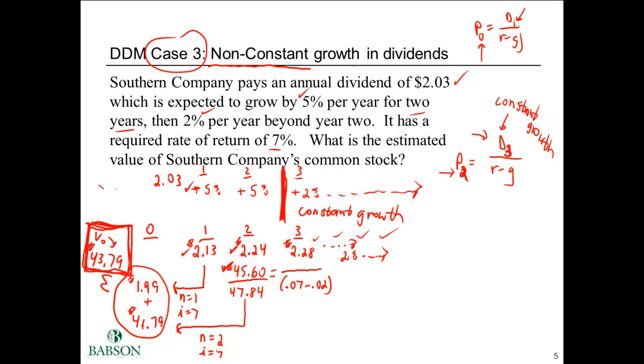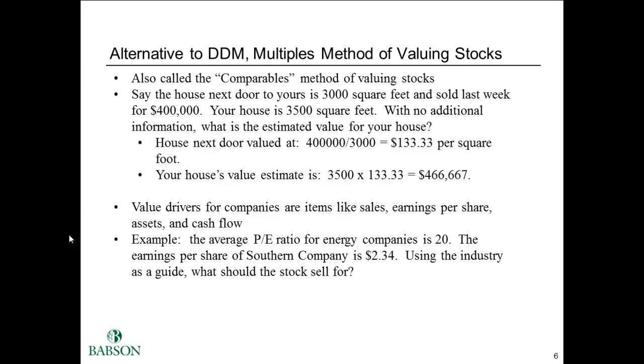And that's what free cash flow is, as you may recall. So those are the 3 examples of a dividend discount model valuation. The alternative to dividend discount models is called the multiples or comparables method of valuing stocks.